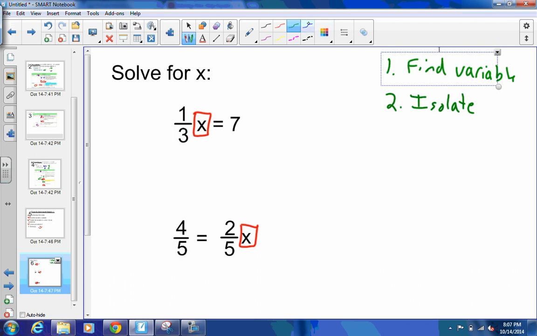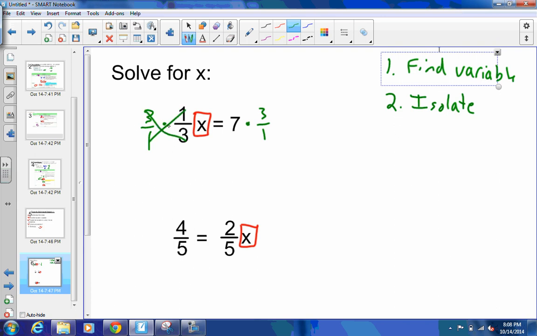How are we going to isolate this variable? How are we going to get rid of that 1 over 3? Think of what we just talked about. We're going to multiply by its reciprocal. The reciprocal of 1 over 3 is 3 over 1, just flipping it over. Do that to the right side as well so we can keep this thing balanced. This will cancel out with that, that'll cancel out with that.